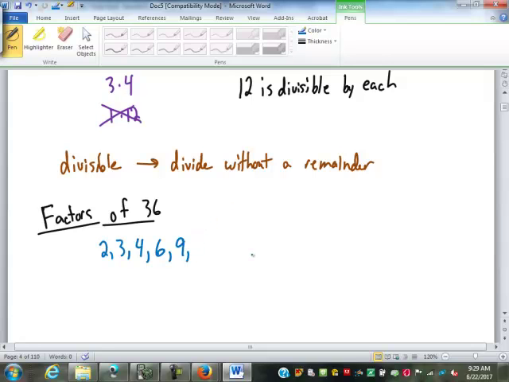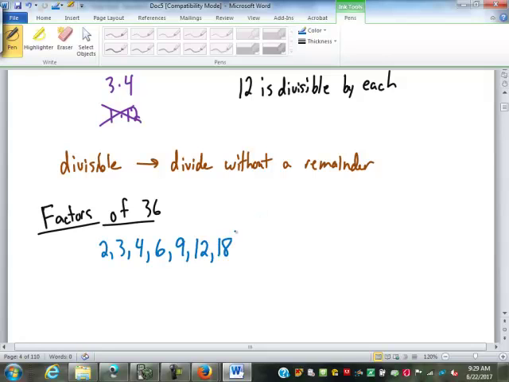No. 12? Yes, it does. 13? Nope. 14? No. 15? No. 16? No. 17? No. 18? Yes.